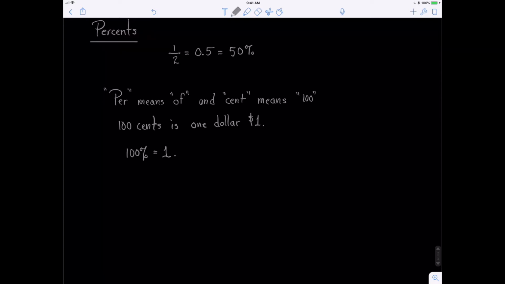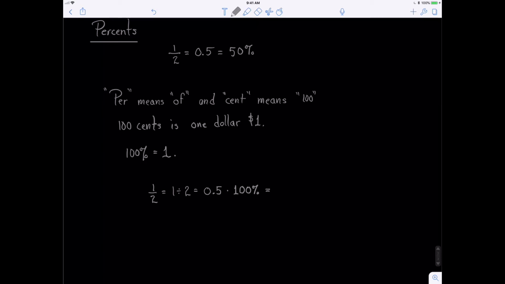Okay, so here's how this works. To turn a fraction to a decimal to a percent, we take 1/2, for example. We know that this is 1 divided by 2, and that gives us 0.5. Now, we can multiply by 1 and it doesn't change the problem. In the same way, we can multiply it by 100%, and that doesn't change the problem either. So this becomes 100 times 0.5.